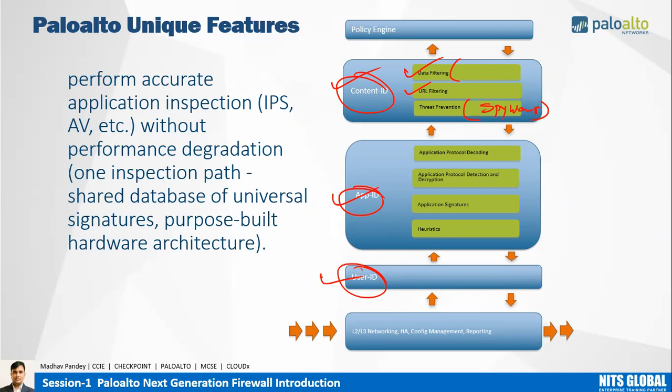For example, if you are doing stream based, non-file based, real-time performance, for example video streaming, there could also be restricted content. Then the uniform signature engine can scan for a broad range of threats in a single pass, and it can identify vulnerability exploits with the help of IPS.